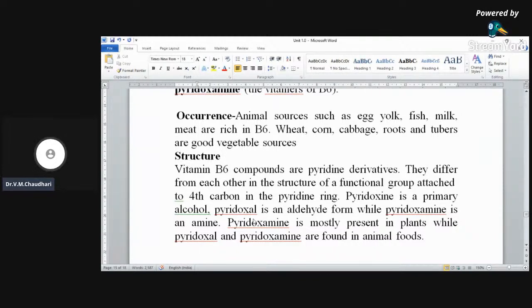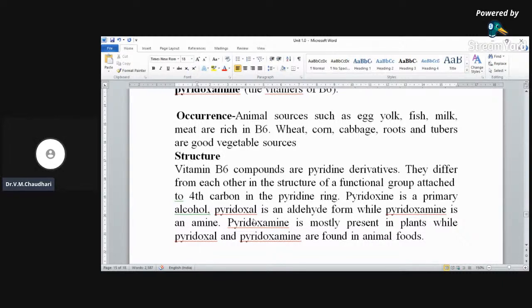Pyridoxine is the primary alcohol, pyridoxal is the aldehyde form, and pyridoxamine is the amine form. These are the three different forms of the vitamin; pyridoxine is mostly present in plants, while pyridoxal and pyridoxamine are found in animal food.